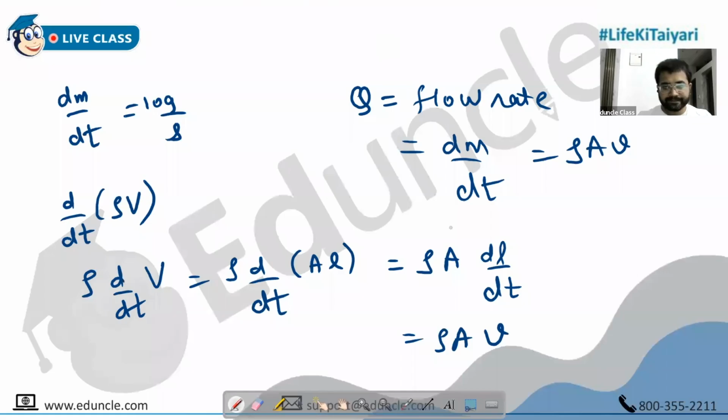In our case right now, rho will be the same because it's an ideal fluid. But if the density changes, then rho 1 A1 V1 will equal rho 2 A2 V2. Otherwise you say A1 V1 is A2 V2 if rho is the same. So the input rate will be equal to the output rate, which is the law of conservation of mass. The mass input is the mass output.